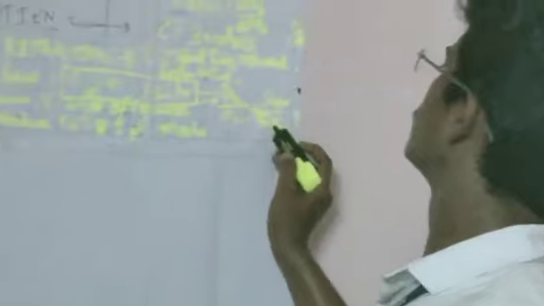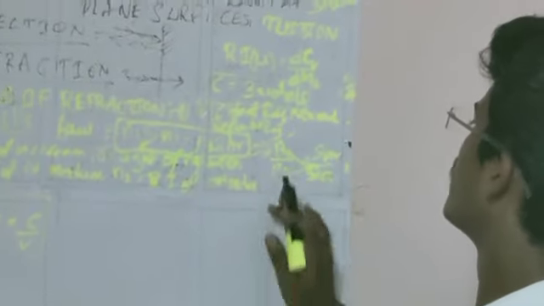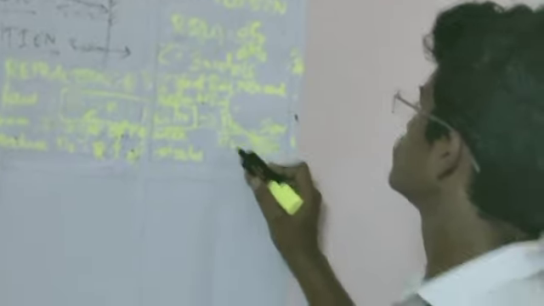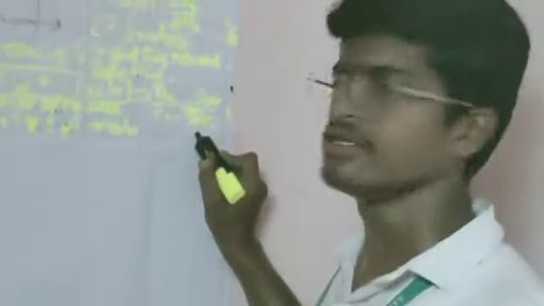If you want n1, you will bring this side: n1 is equal to n2 sin r by sin i.